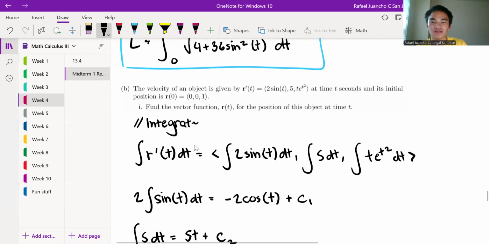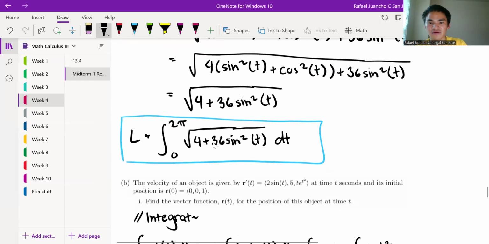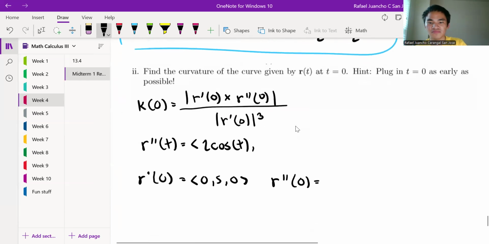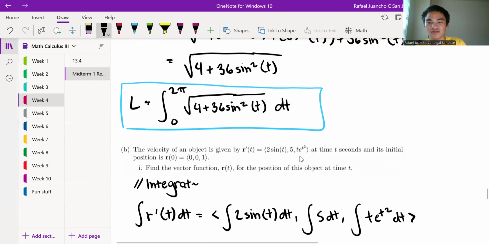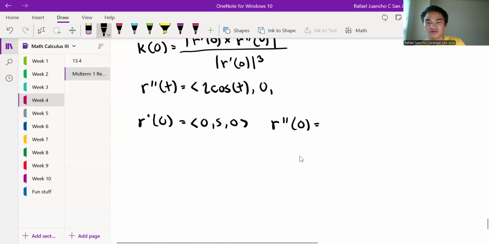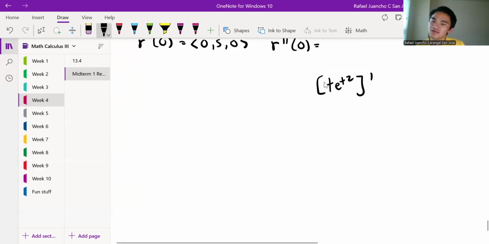The derivative of that is 2 cosine t. Next, we have the derivative of 5, that's 0. And the derivative of t e^(t squared). So we want to find the derivative of this thing. I know this is quite long, but we do a product rule. That's what I would do.